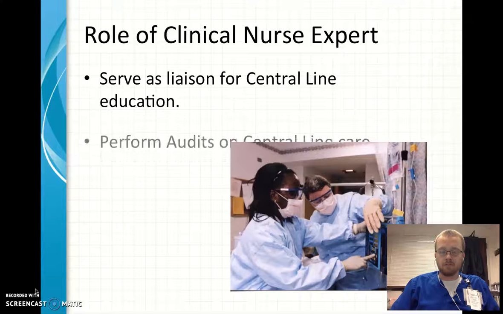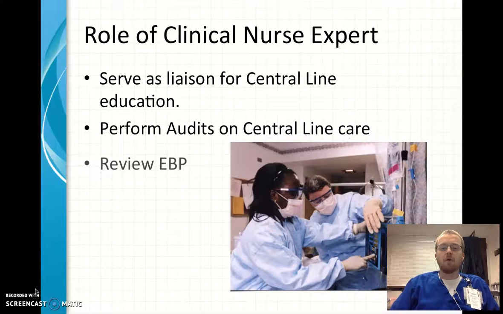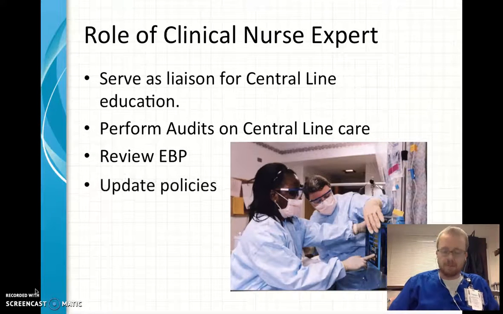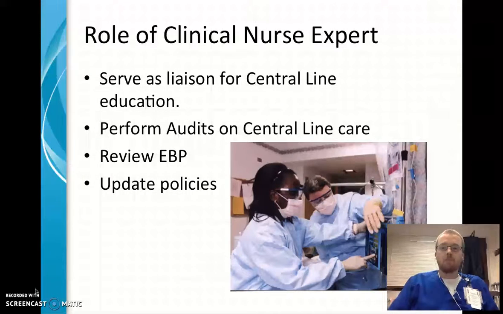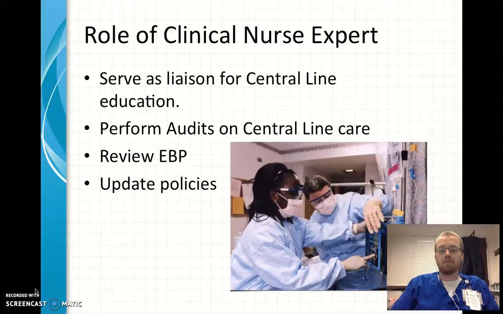So I sat down with Jill to come up with what exactly she did for the facility. So in 2013, the enterprise as a whole kind of recognized that there was an issue with CLABSI and wanted to attack it head on.